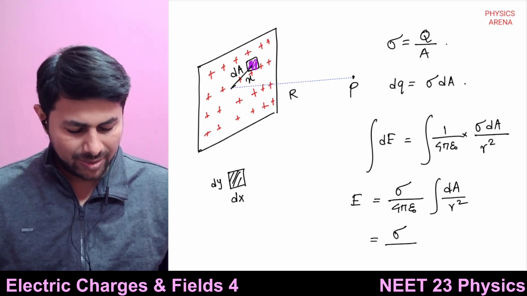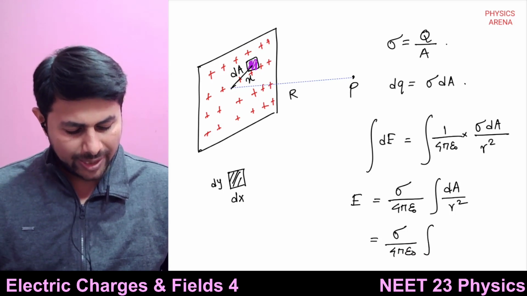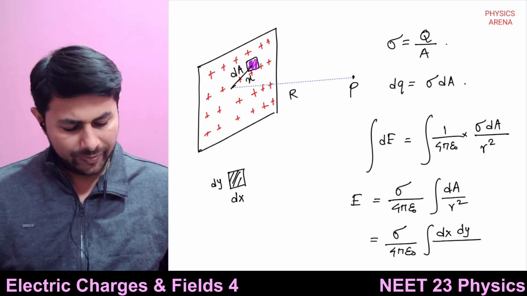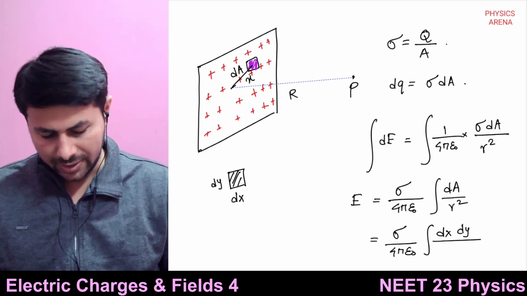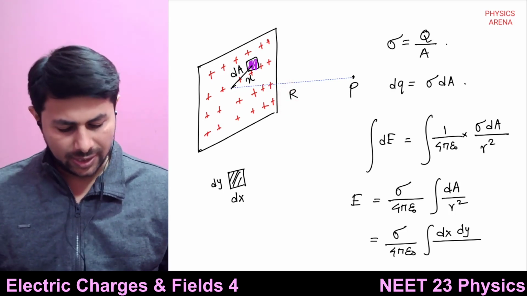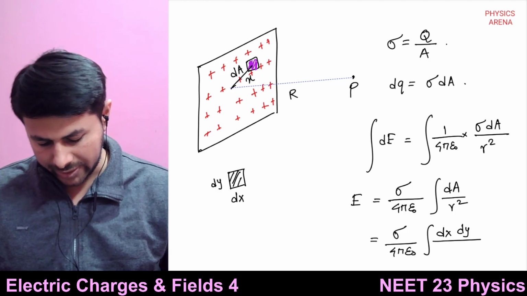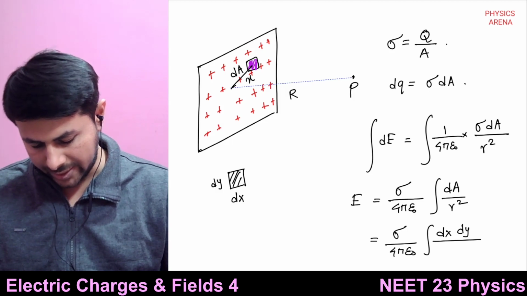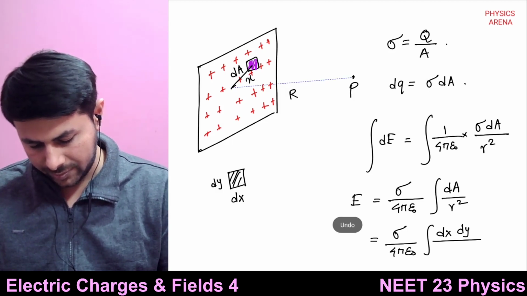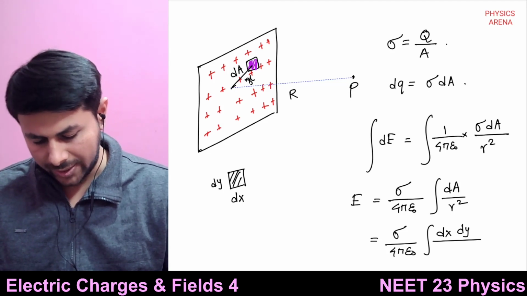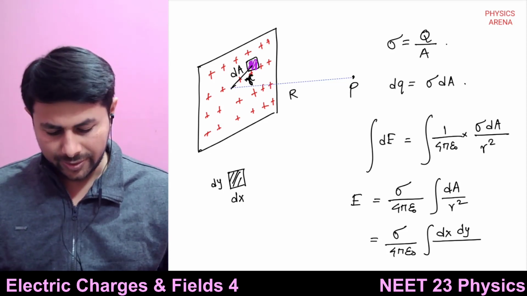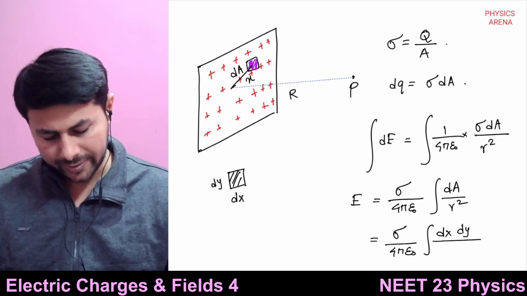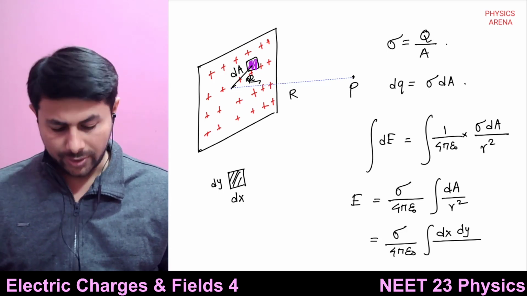So you can write this as sigma upon 4 pi epsilon naught multiplied by integral of dx dy upon r square. Okay, so this r square can be written as this r square plus, now since I have considered two coordinates, in place of this x you can take small r. Let's suppose you take some variable, not x, suppose rho or something.